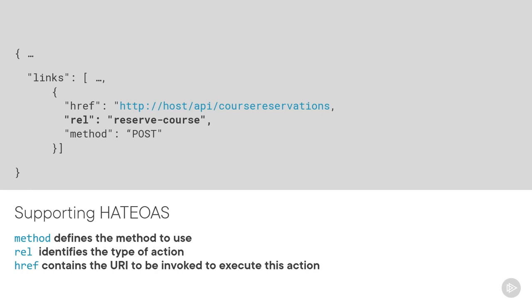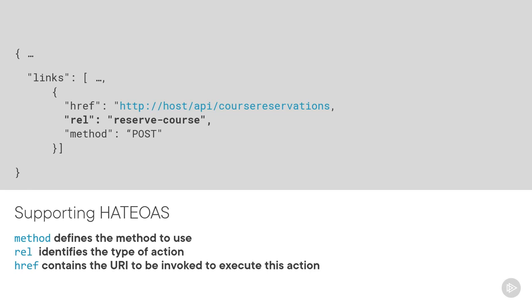But we are no longer hard-coding URIs and assumptions in the client. A URI or assumption change no longer breaks the client. And if a link gets added to the response with an REL value the client doesn't know about yet, it ignores that link.